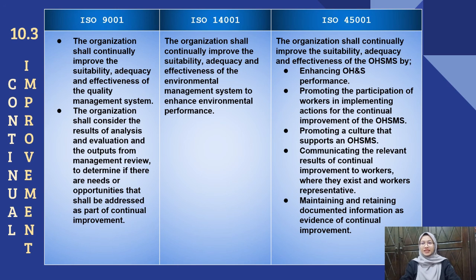For ISO 9001, the organization shall consider the results of analysis and evaluation and the outputs from management review to determine whether there are needs that shall be addressed as part of continual improvement. Last but not least, ISO 45001. The organization shall continually improve by enhancing OSH performance by promoting the participation of workers.